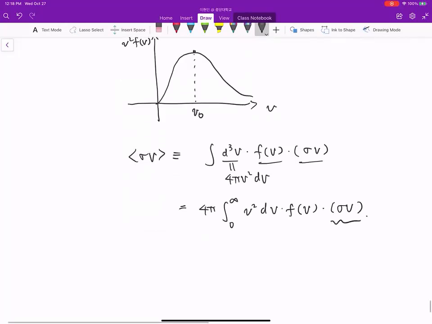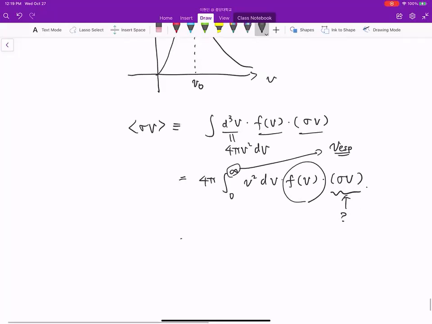Now, since we know the form of f, you only have to know what the velocity dependence is, or whether there is any velocity dependence. But here, if infinity, this infinity must be v escape. For practical purposes, you don't have to cut off, but here you need to cut off the integral.